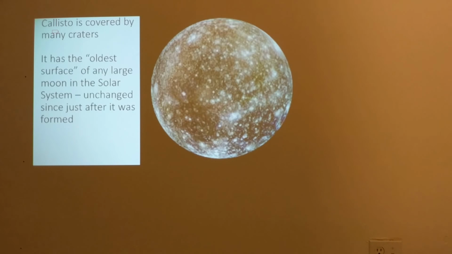Most of the effects of the changing surface are due to impacts of objects, and the number of impacts was very high in the early solar system and has decreased, but it still continues today. That's where we see most of the change has happened on Callisto.